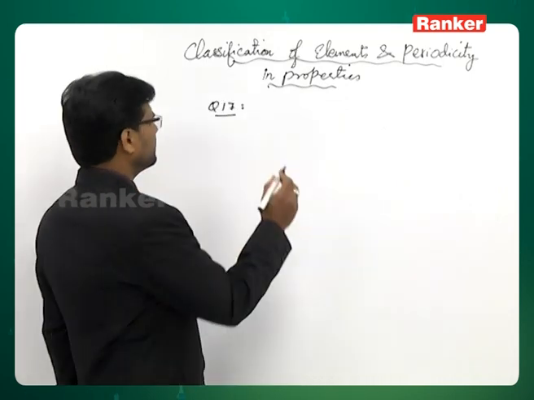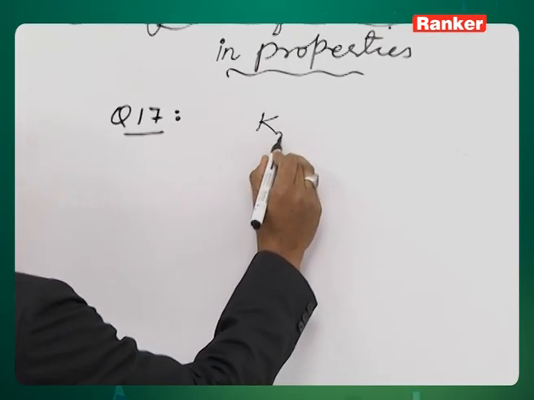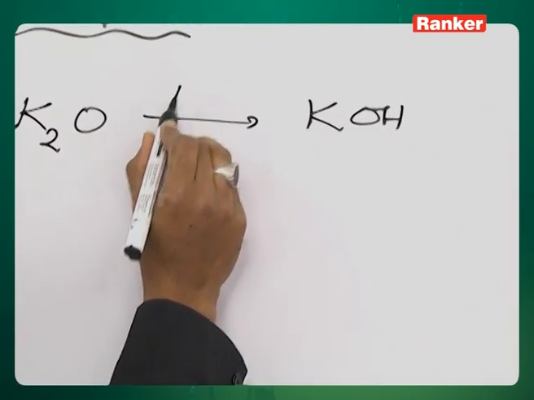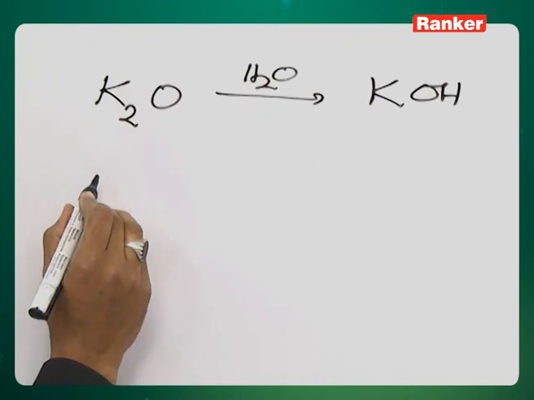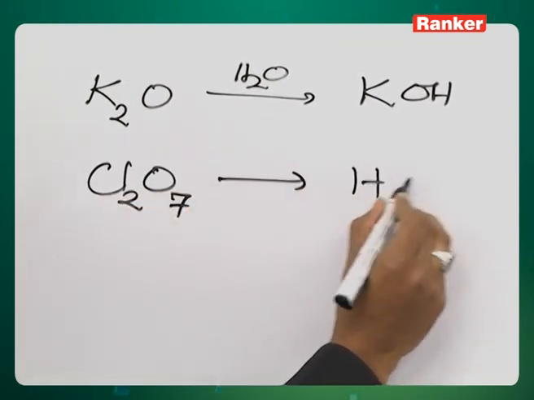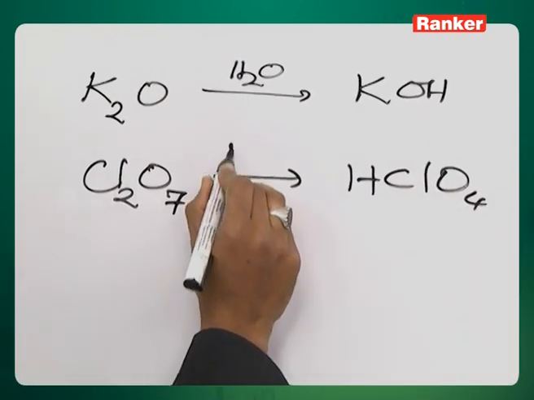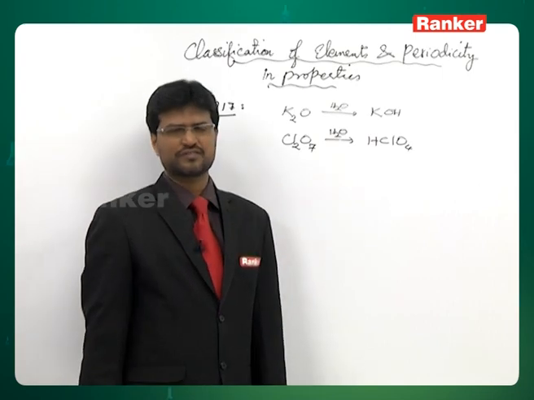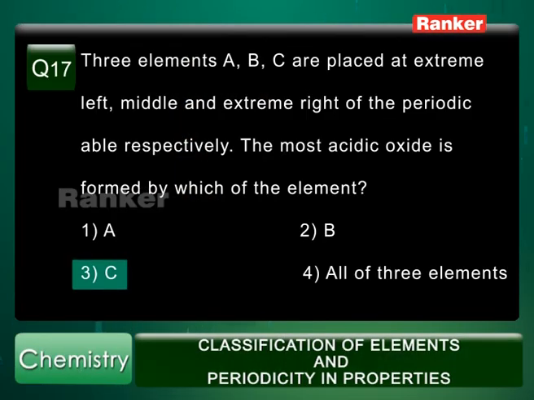For example, in the extreme left you will have K2O, which will give potassium hydroxide when dissolved in water. So, this is a basic oxide. On the extreme right you have Cl2O7, which will dissolve in water to give perchloric acid, which is a very strong acid. So, the correct answer for this question is option 3, that is C. C, which is on the extreme right, will form most acidic oxide.